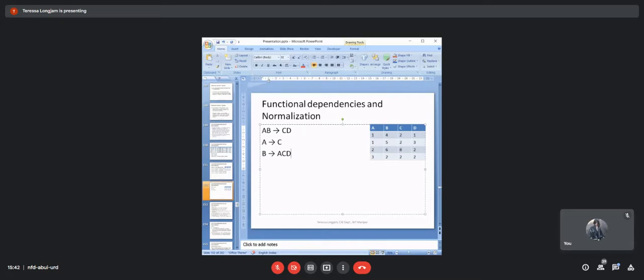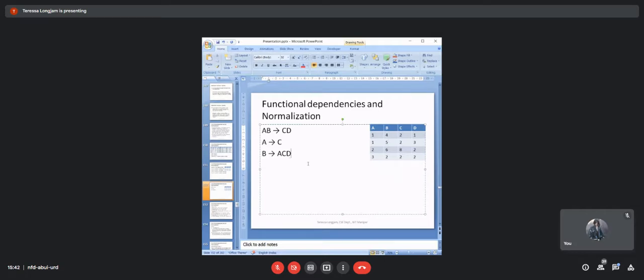And if you combine B with any other remaining attribute also, you will be able to determine the remaining attributes. Okay, because B is having unique value for each and every tuple. This is going to be true all the time.